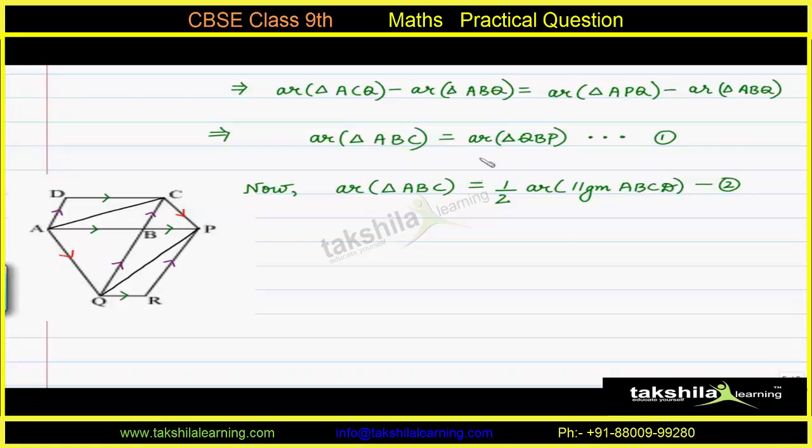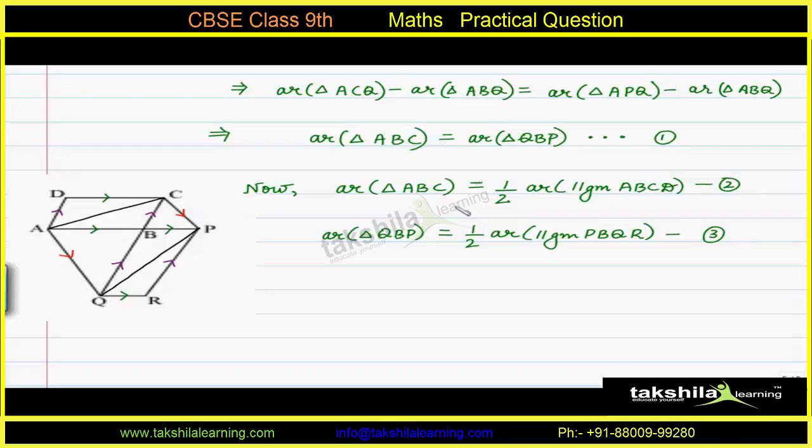So here we can say that area of triangle QBP is equal to 1 by 2 times area of parallelogram PBQR, and this we can call our third.